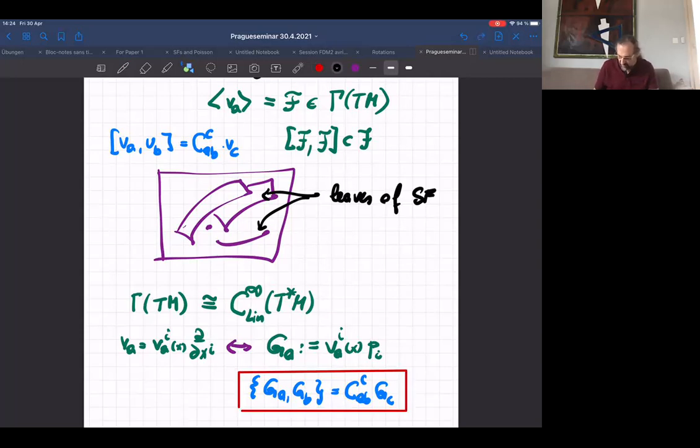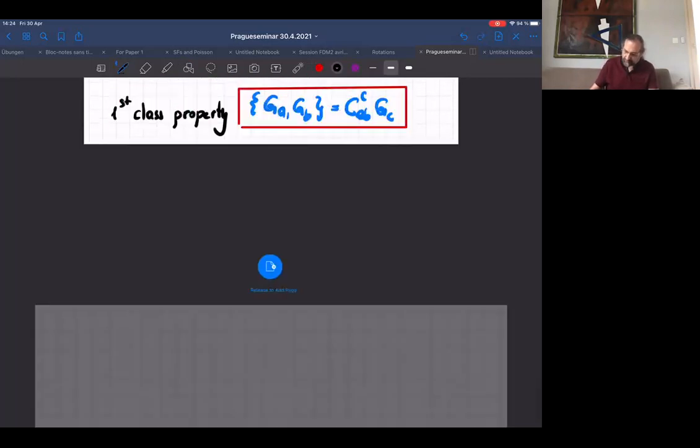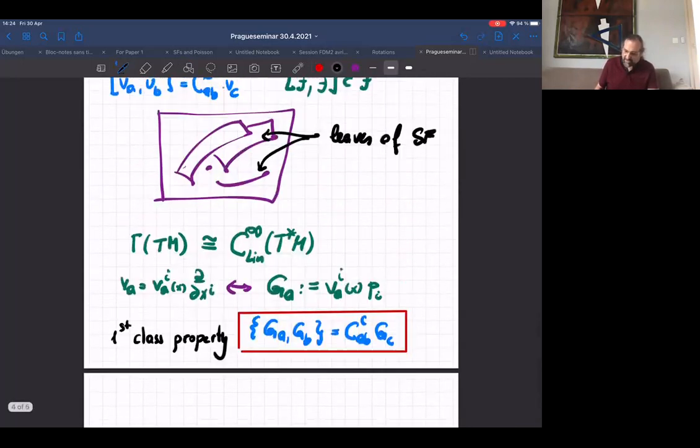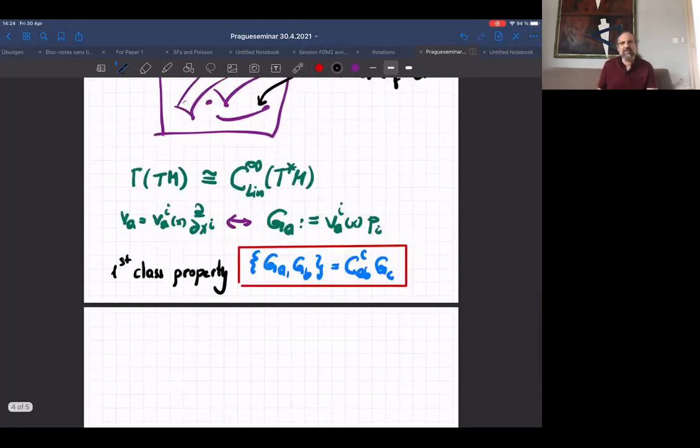Or if G_A equals 0 defines a submanifold of T*M, it would mean that it's a coisotropic submanifold. So that is the constraint system as such.